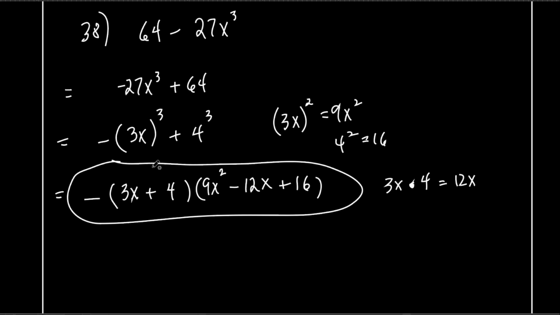So that one was a little bit trickier, right? We had to switch the order, and then you pull out the negative, and you actually got two different things that you're cubing here. You got a 3 and an x, but you work with it as it's one thing, okay? You think of this thing in the parentheses as your a, and you just have to remember, if I square the a, I have to square the whole entire parentheses, and that's why I get the 9 and the x squared.